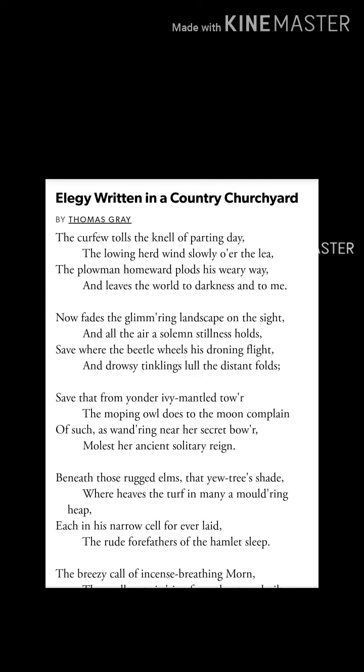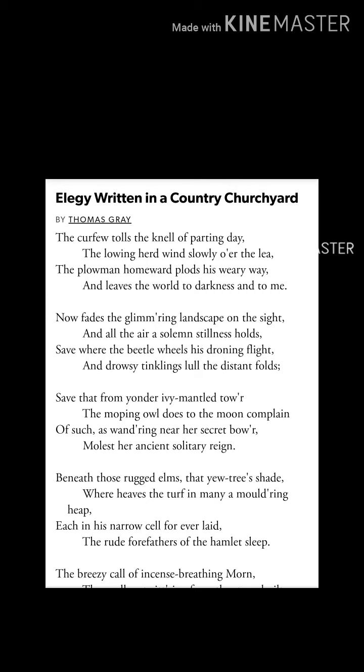Second stanza. Now fades the glimmering landscape on the sight, and all the air a solemn stillness holds, save where the beetle wheels his droning flight, and drowsy tinklings lull the distant folds. Now fades the glimmering landscape on the sight means the brightness of the sun on this earth fades away.